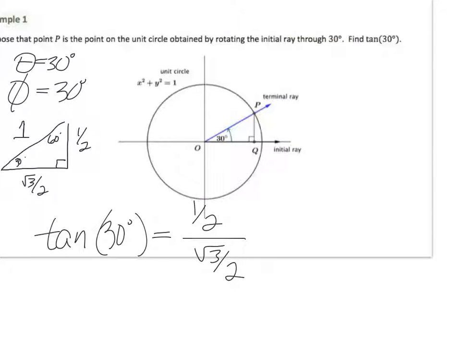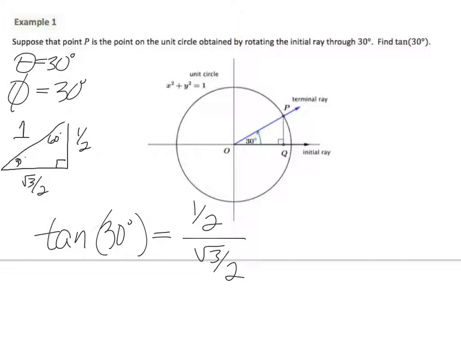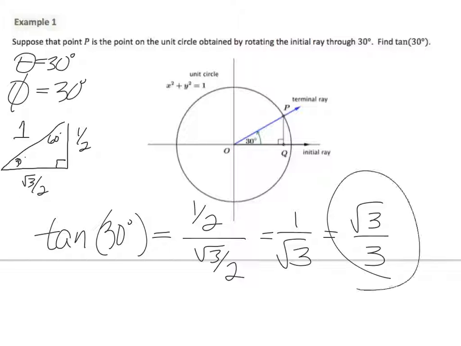This simplifies to 1 over the square root of 3, but you can't have radicals in the denominator. Let's rationalize it. If I multiply by the square root of 3 over the square root of 3, I get square root of 3 over 3. So there we have tangent 30.